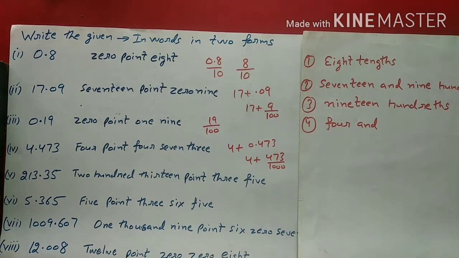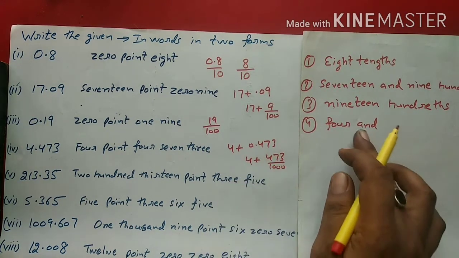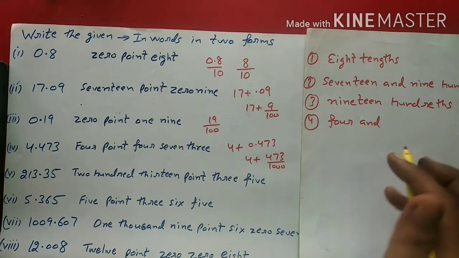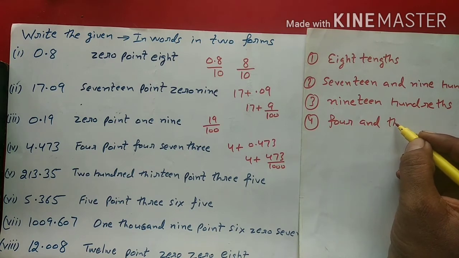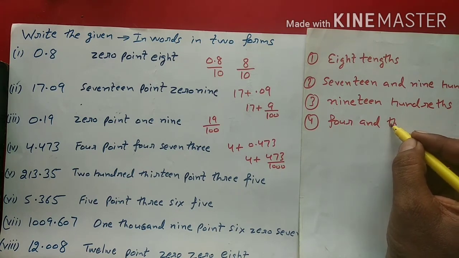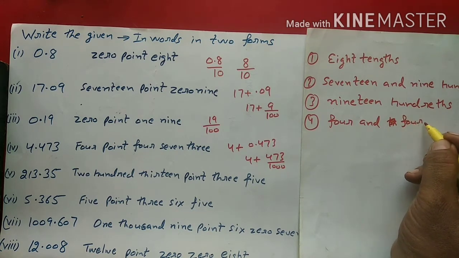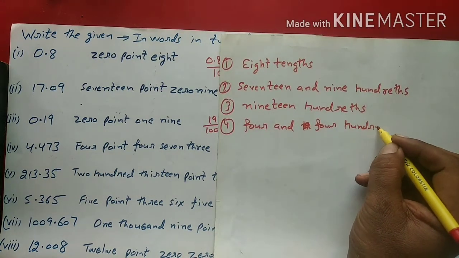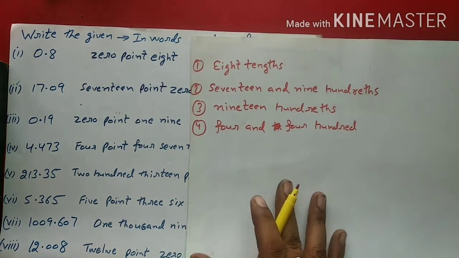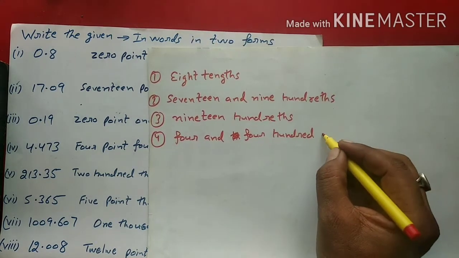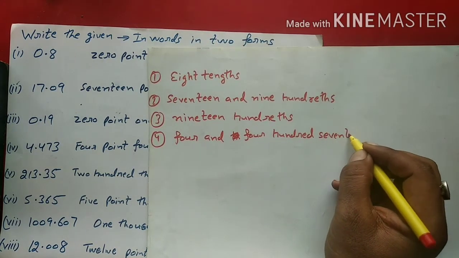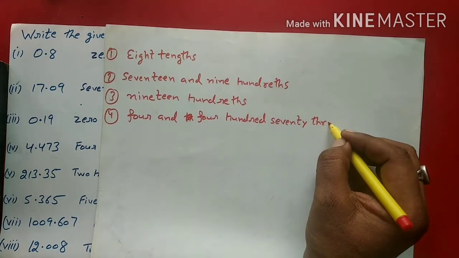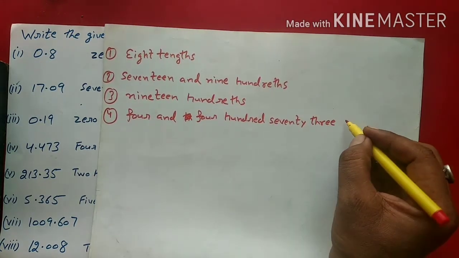So you will write 4 and 473 thousandths.